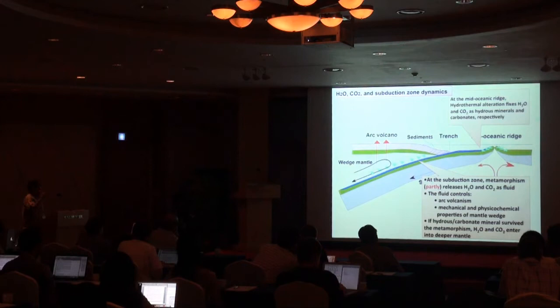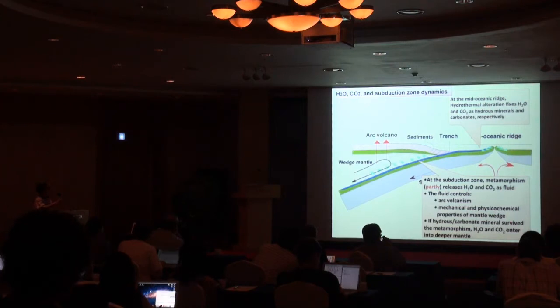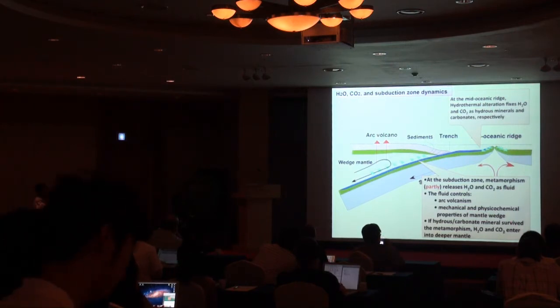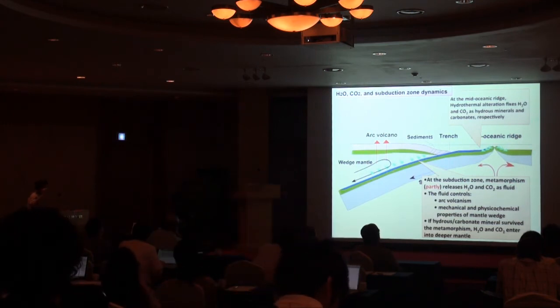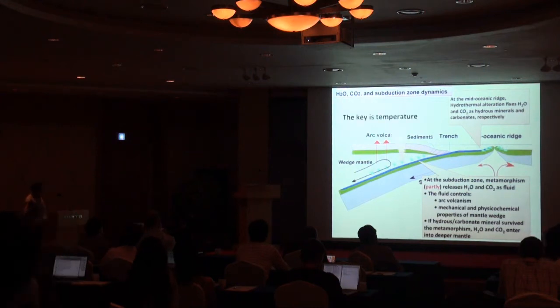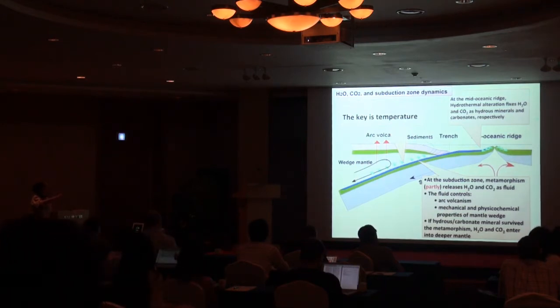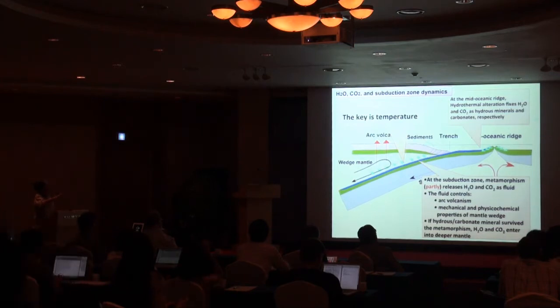The other point is that if hydrous or carbonate minerals survive this metamorphism, the water and carbon dioxide enter the deeper mantle. That's another interest for me, because such processes control the surface environment through the Earth's history. Anyway, the point is how the water and carbon dioxide are released or not released, and the key is the subduction zone temperature.